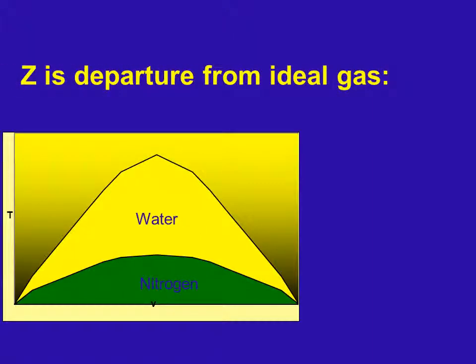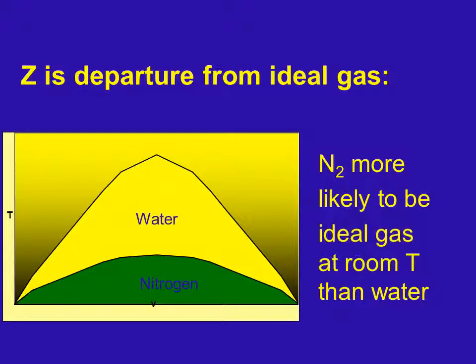Now Z is the departure from ideal gas. Now we look at the T versus V behavior of water or nitrogen. You see, of course, that this critical point is much higher for water than it is for nitrogen.